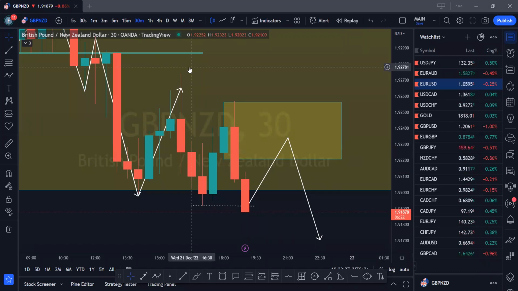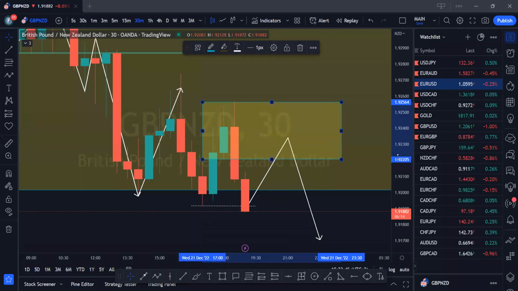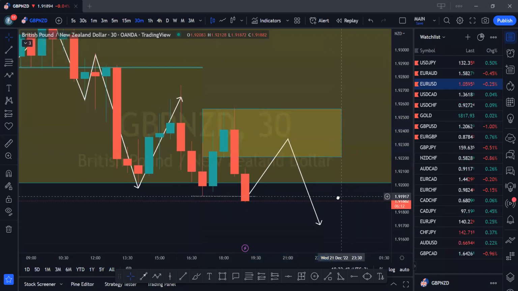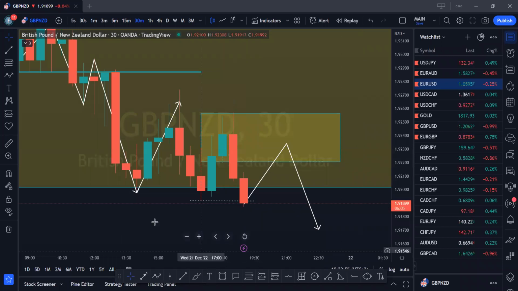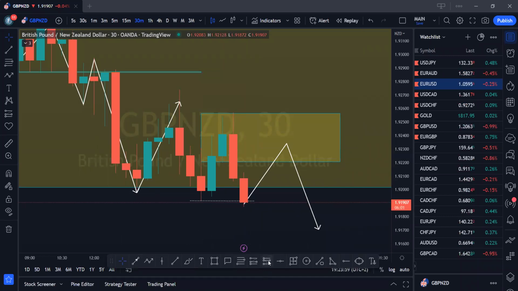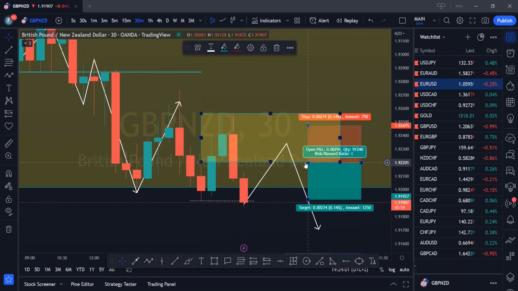What we can wait for right now is for price to retrace into this block. So this is a 30-minute entry right here. If you don't have time, what you can do is just set a pending order right here, okay? And then you put your stop loss above the zone.